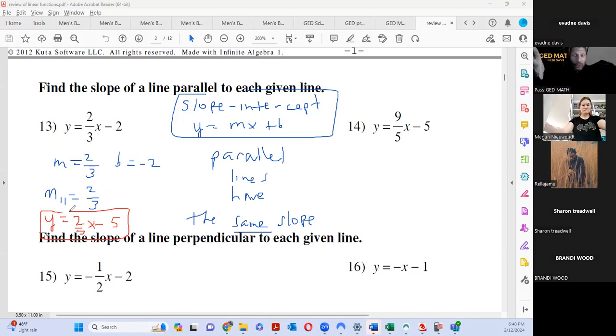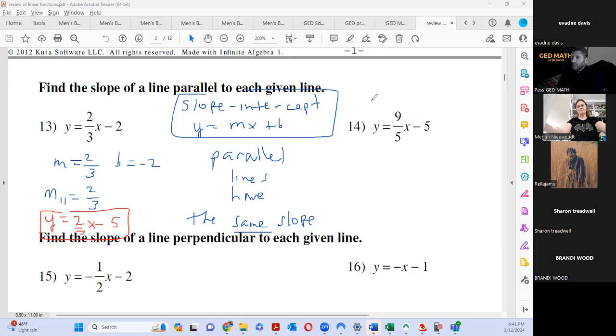Anything parallel has the same slope. They should look alike at the beginning: y equals 2/3 x minus 2, y equals 2/3 x minus 5, y equals 2/3 x plus 10. Those are all lines parallel to y equals 2/3 x minus 2. Everybody understand that? Yes, sir.